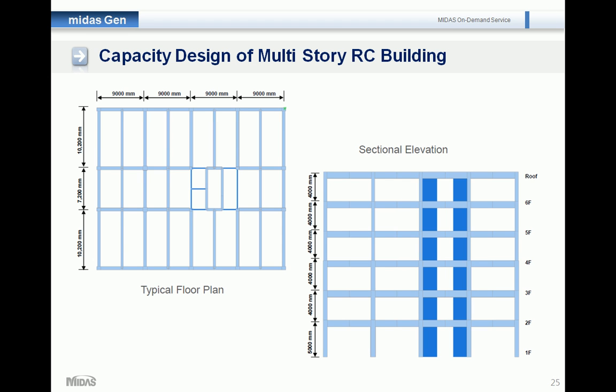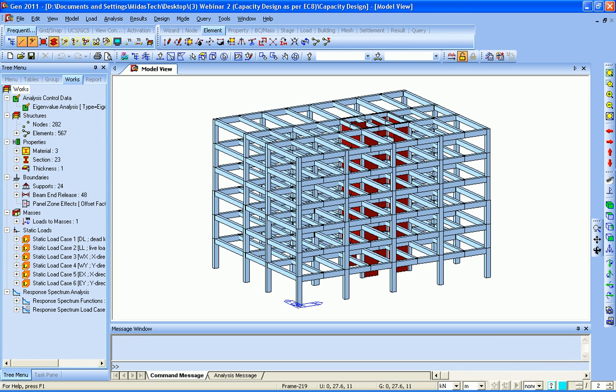With this example, I will explain the capacity design feature in MIDAS Gen. This model is a 6-story building and consists of beams, columns, and walls. I apply Eurocode for this building. Actually, 4 different loads, as you can see here, are applied.